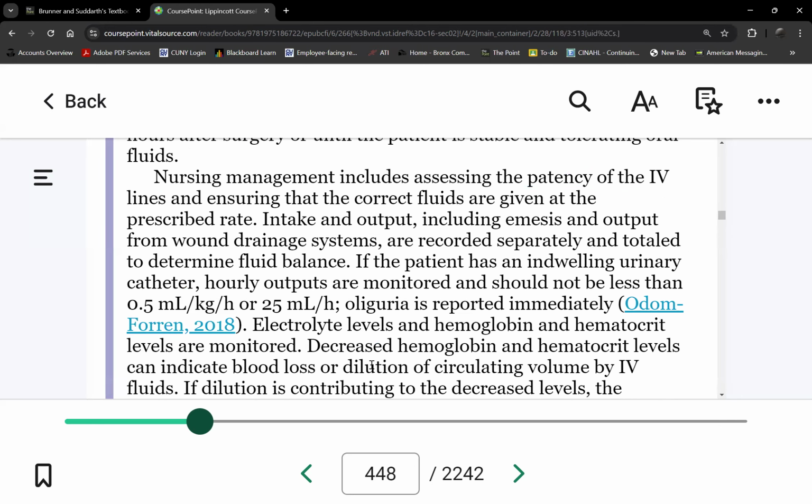So what type of AKI can result after surgery? Pre, intra, or post-renal? Most likely pre, right? Because remember, this patient was NPO, plus the patient had blood loss. So there could be pre-renal AKI. Intrarenal AKI is if we use, let's say, a dye.